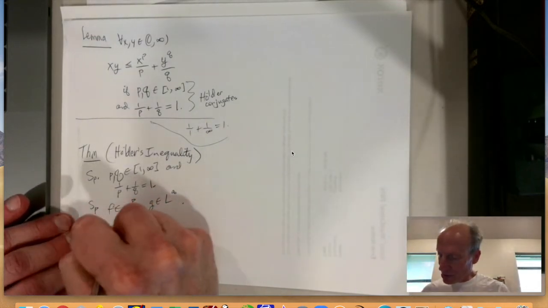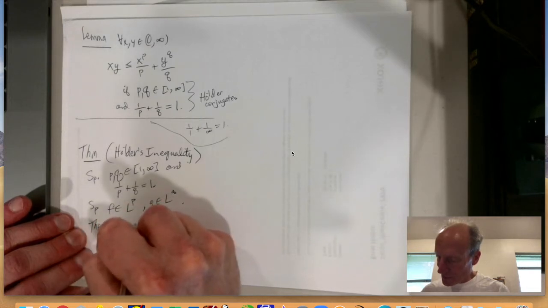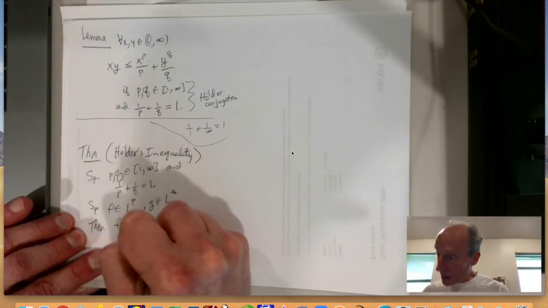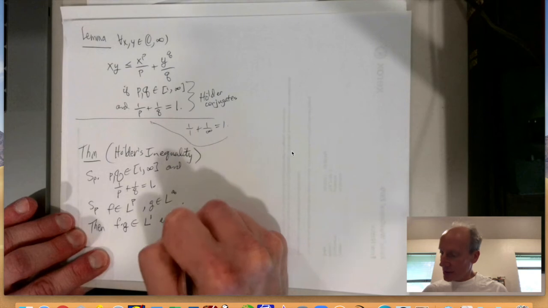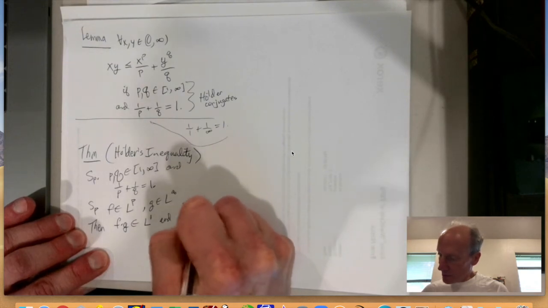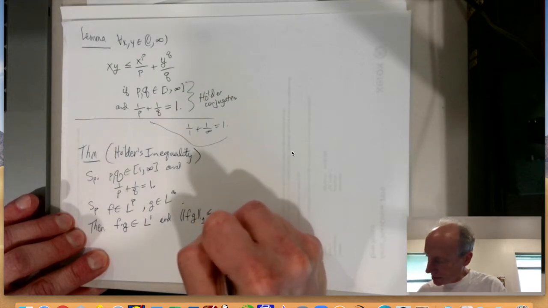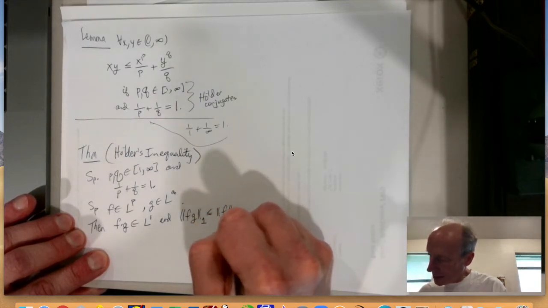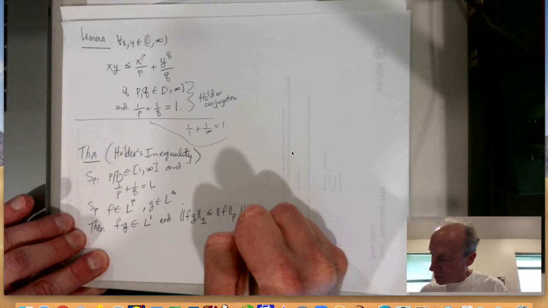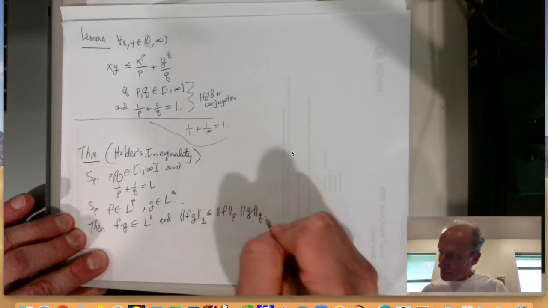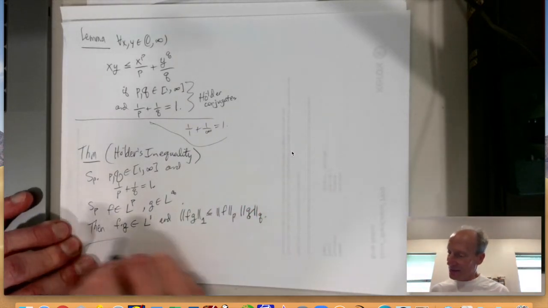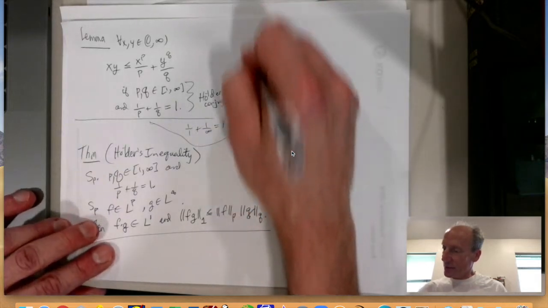Then, this is the conclusion, f times g is in L^1, and the L^1 norm, which is just the integral of the absolute value, is less than or equal to the L^p norm of f times the L^q norm of g. So it's a really cool fact. So let's do the proof here.